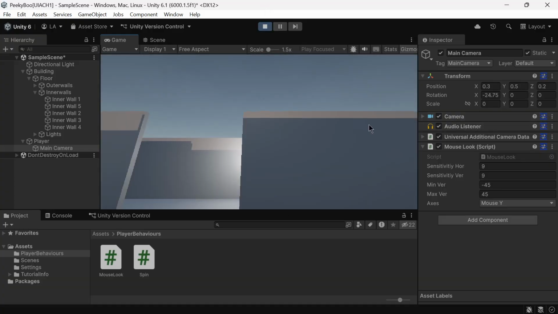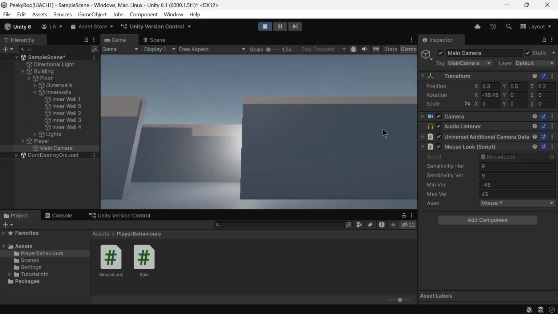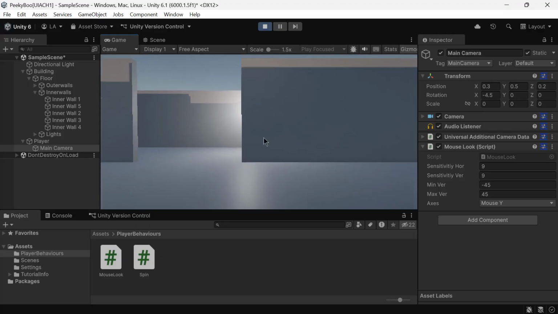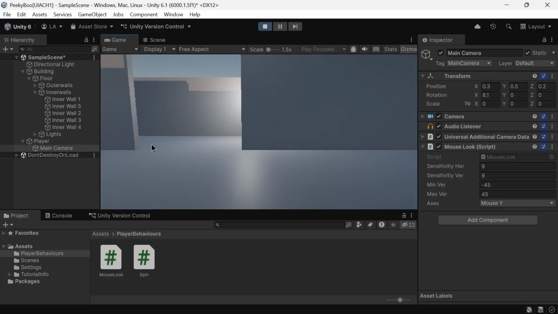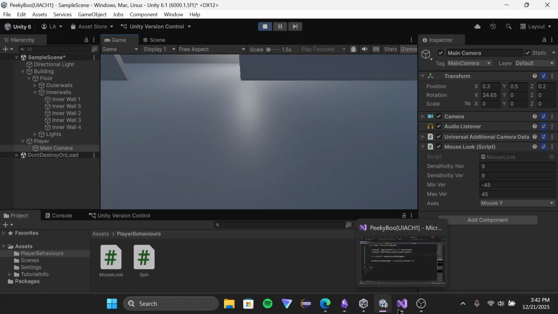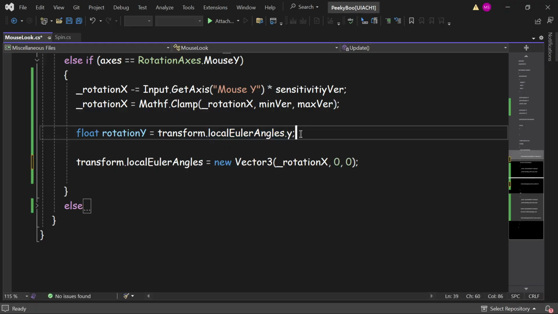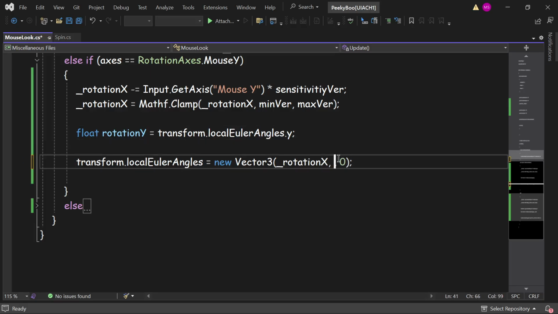It remains at 0, because what if we make our mouse go left or right? The Y remains the same. So local Euler angles is just a fancy way of saying, let me extract the Y value at the current state of the runtime of the game, which is just going to be 0. So we just ensure that rotation Y is there.